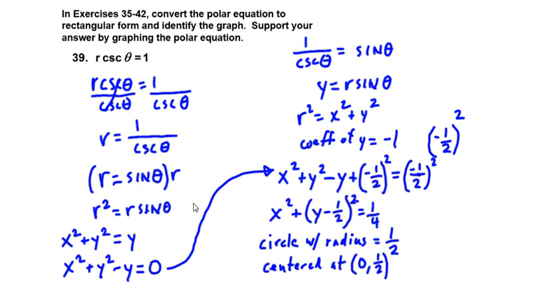So now we go back to graph. Now going back to graph, I'm going to actually graph this one right here. R equals sine theta. Or we could say R equals 1 over cosecant theta, right? Either one would get us the correct thing. I'm going to do 1 over cosecant theta since that's more original.